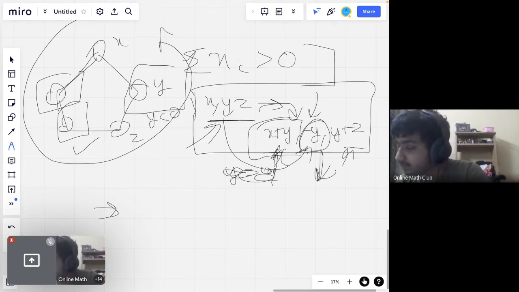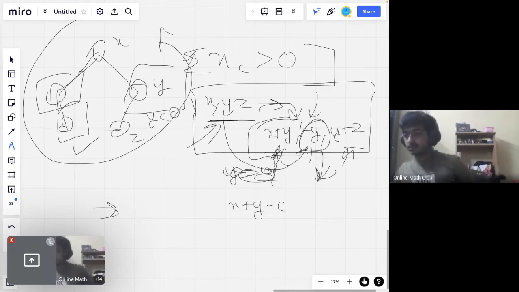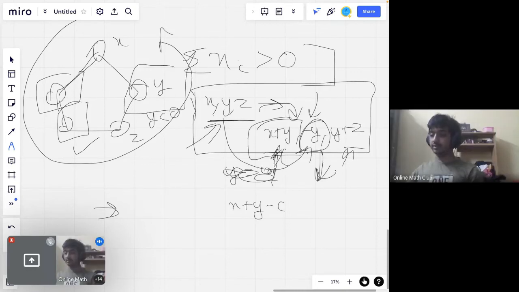That is a very interesting idea. So where does that lead us? x plus y minus c. Wait, what's c? c is the average of the five vertices.